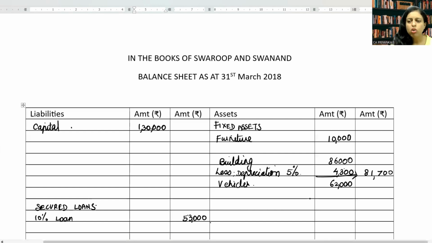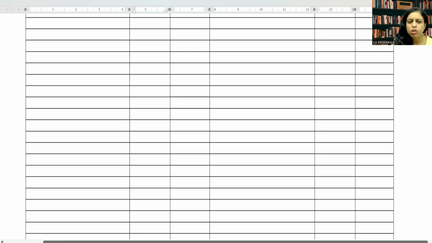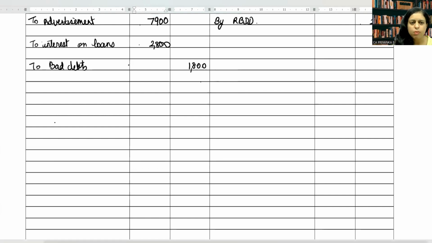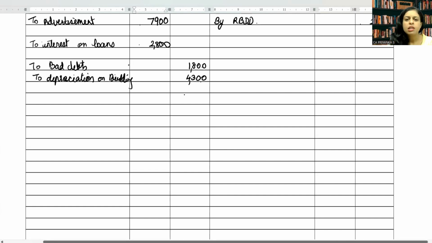So the amount of 4,300 I take to the profit and loss account. I'm going to write here, to depreciation on building, and that value is 4,300.